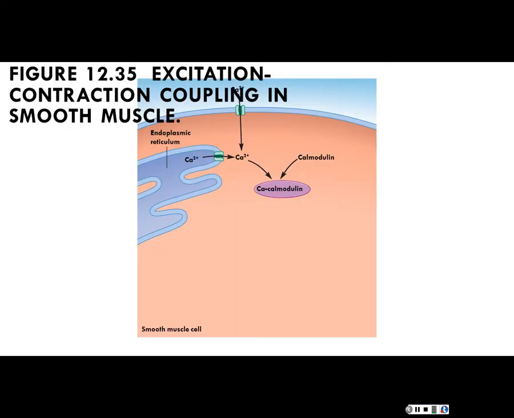So when a smooth muscle cell gets excited, again, whether it be intrinsic or extrinsic, whether pacemaker cells are telling it to do this or the nervous system is telling it to do whatever, a smooth muscle cell is going to become excited when there's an influx of which ion? Calcium. Calcium comes from where?